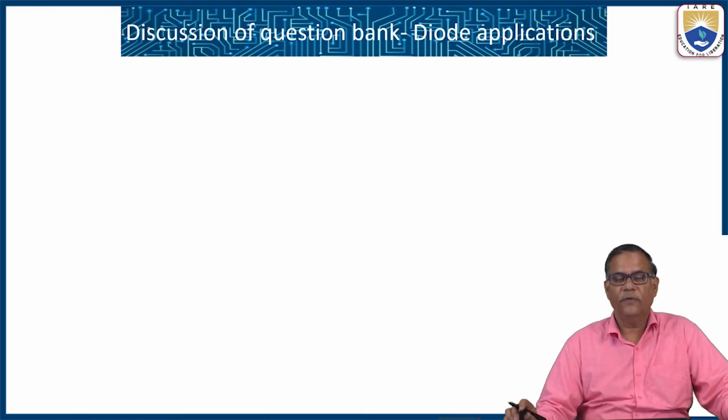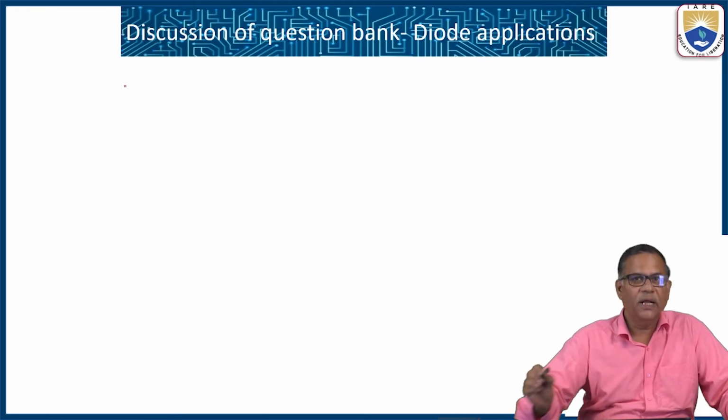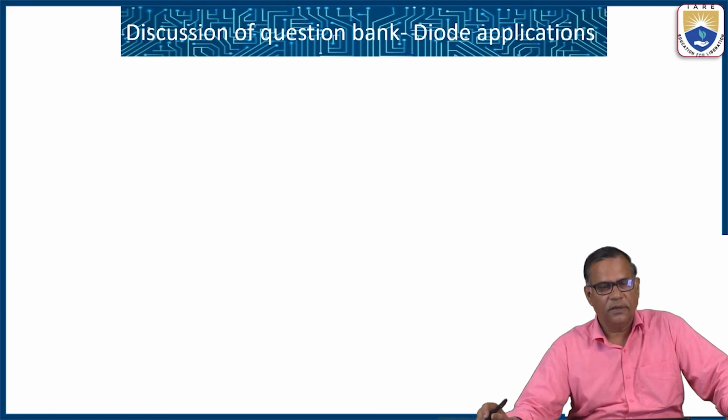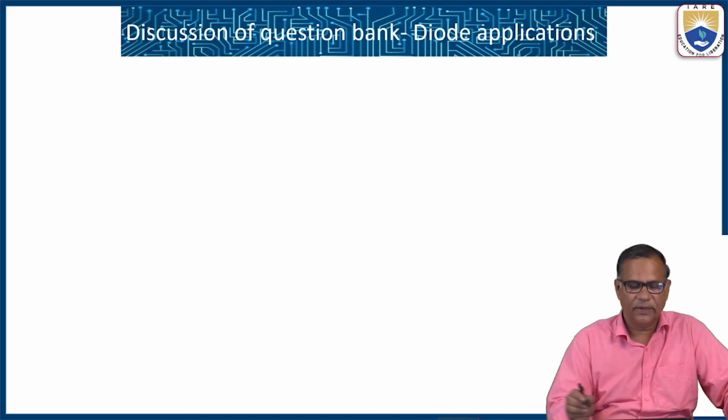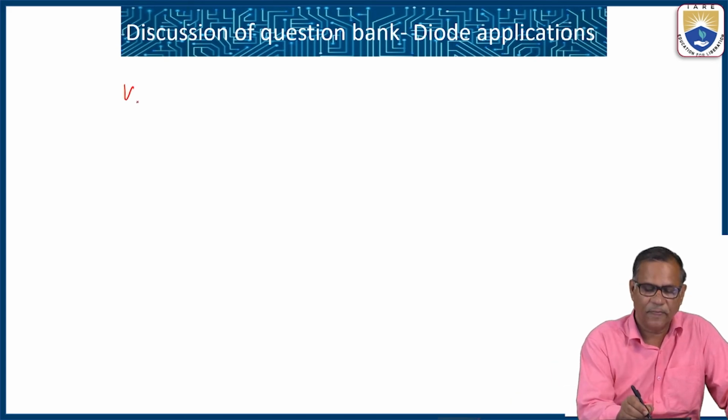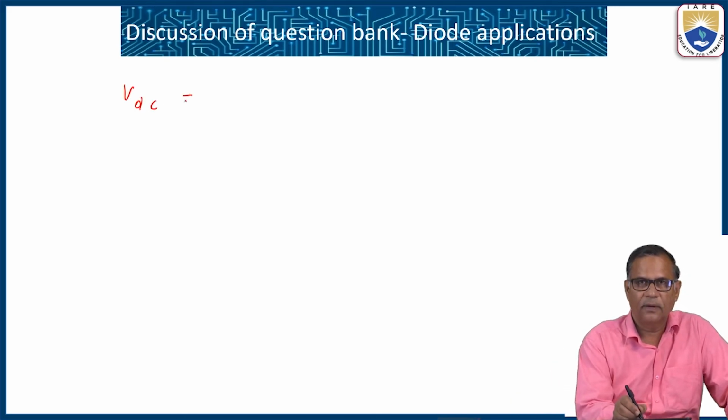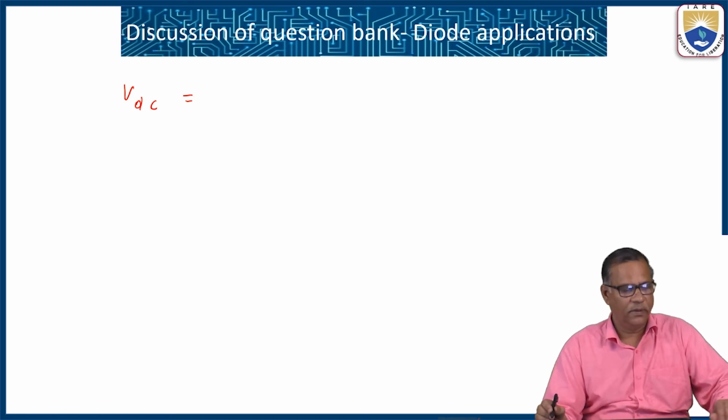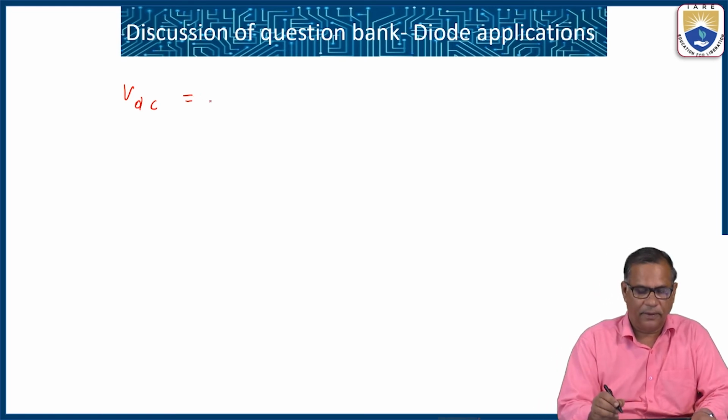Next, what is the value of VDC? Assuming that the diodes are ideal and assuming that the coil resistance is negligible, we get VDC equal to 2 Vm by pi.